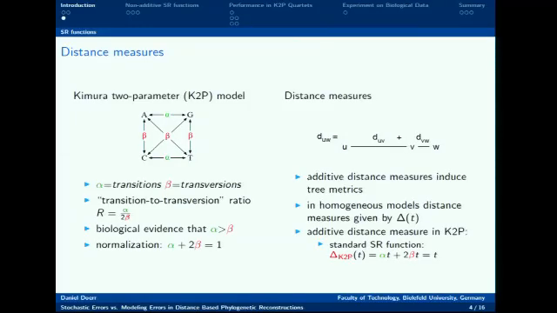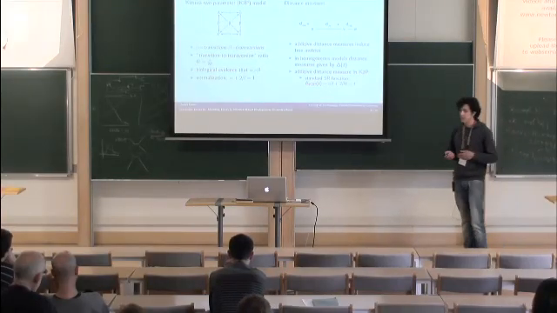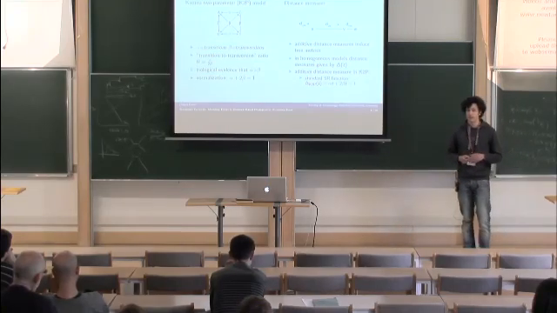Usually the rate parameters are normalized, so we can infer some uniform measure of evolutionary time. And for the K2P model, there exist many different additive distance measures, which are also called substitution rate functions in the context of substitution models.